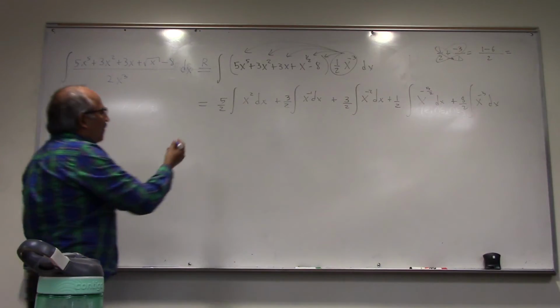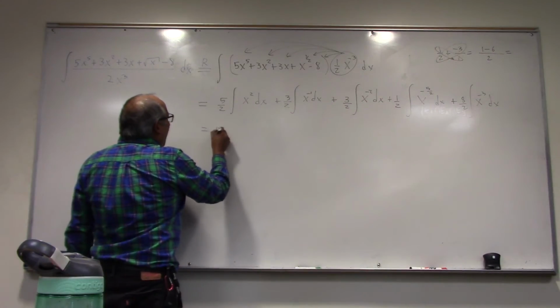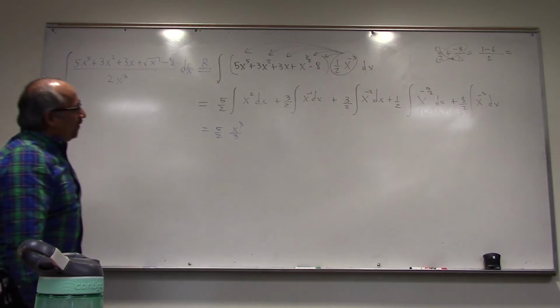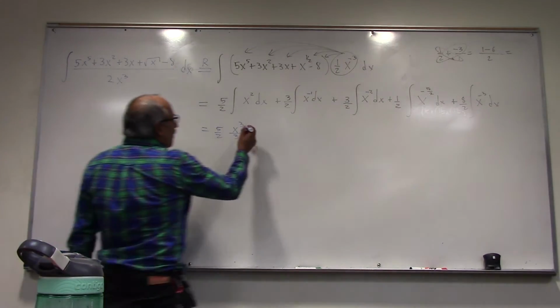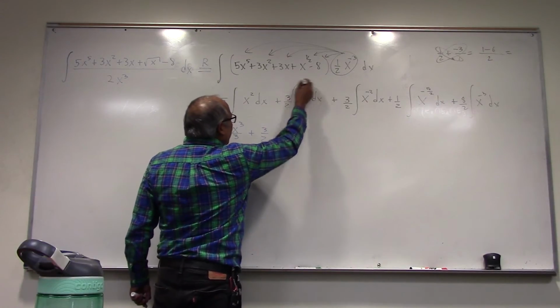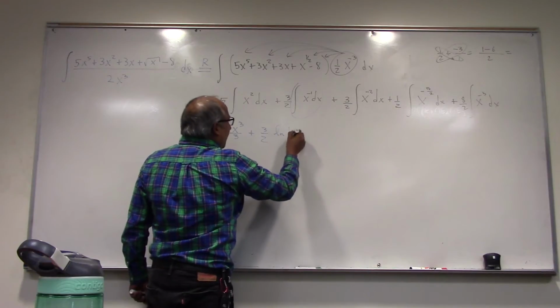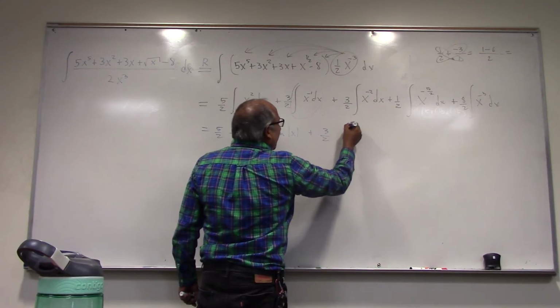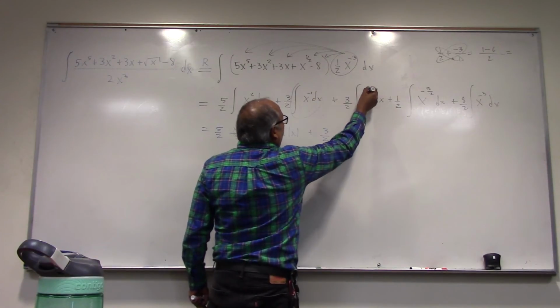Let's finish it up. Equals 5/2 x cubed over 3, right? So far. Plus 3/2, what's this integral? This is a special integral. It's ln absolute value of x. Plus 3/2 x to the negative 1 over negative 1, because you add 1 to that exponent.